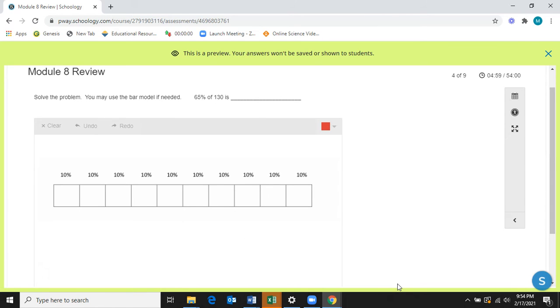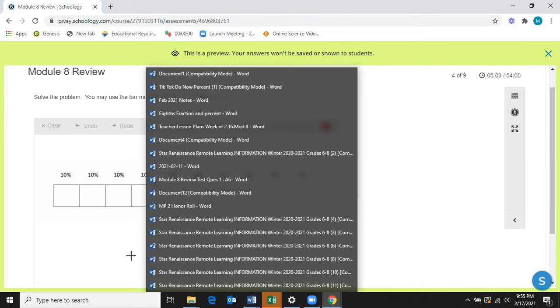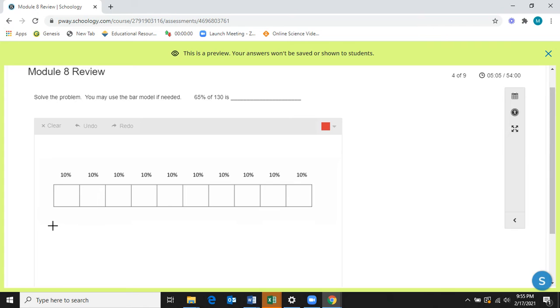Solve the problem, you may use the bar model if needed. So let's say we're going to solve this. If it's out of 130, that means the whole thing is 130.